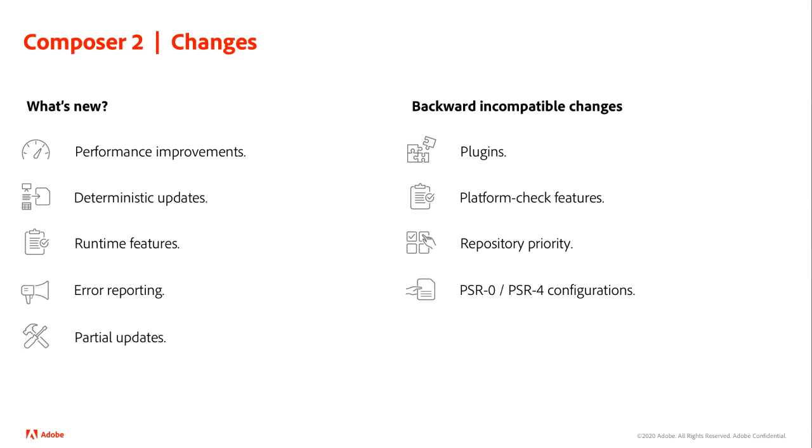Repository priority, this is an important thing. Right now, if you have a package present in your main repository, for example, you install Magento from repo.magento.com, it means if the package is present in repo.magento.com, all the versions of this package need to be present in this main repository.